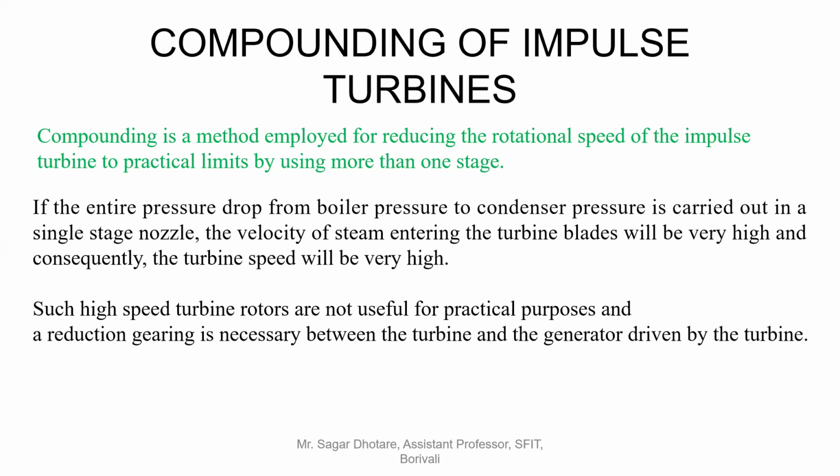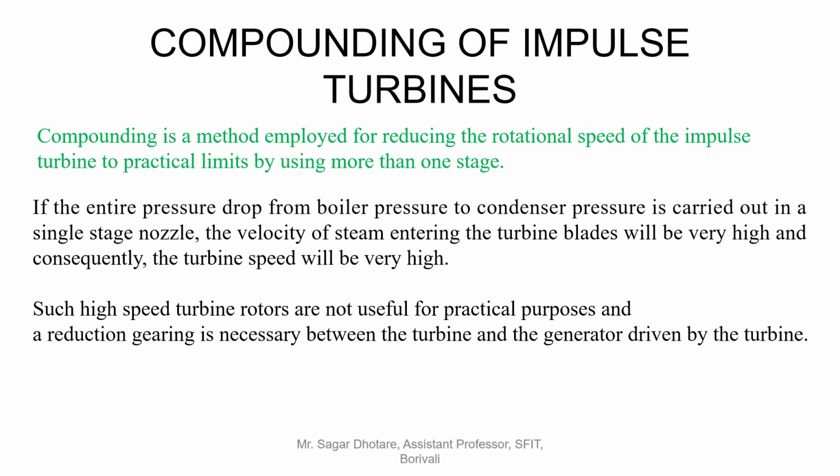So we need to add reduction gears in between the turbine and the generator. Then the generator will rotate at a particular speed so that it can convert the mechanical movement of the shaft into electrical energy.